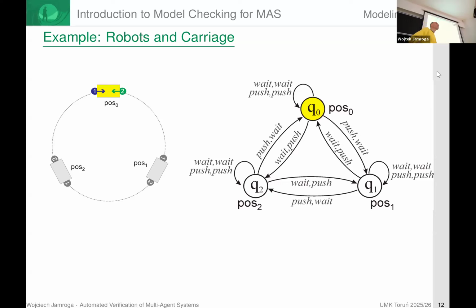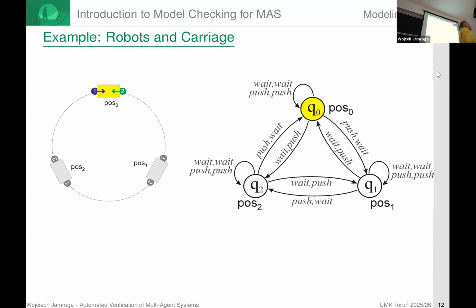What if we want to, I said these are agents. Each of them has 2 actions available to choose at any moment. And I said that the decisions and their execution happens synchronously.